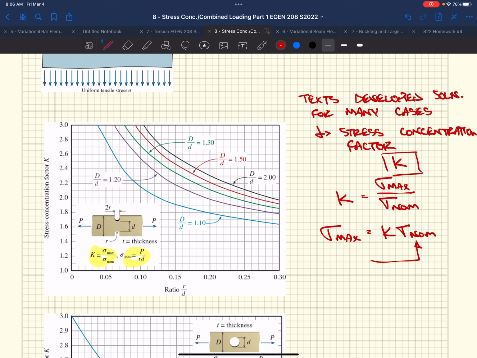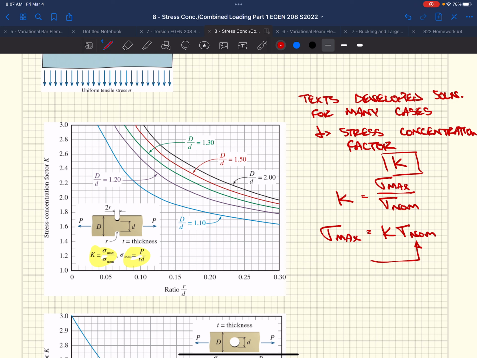So a pin-pin case is like our neutral case. That's where K equals 1. That's where the original equation was calibrated for. We start fixing both ends, then that K gets reduced. If we have a cantilever, fixed at the bottom and free at the top for a column, our K jumps up to 2, and so on and so forth. So yeah, the K factor there is different than this K factor.